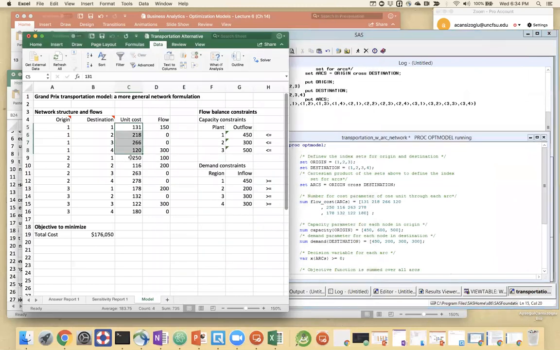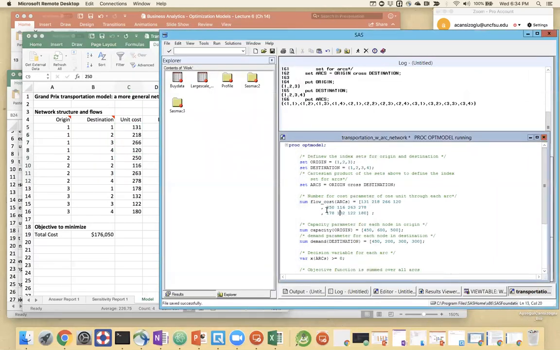And then the second row is here, and you have exactly the same numbers. So we define the cost like this, one by one. You can again read it from the data, but I thought that would be too advanced for this example. You can still copy and paste like this. But what you need is one cost parameter per arc element.